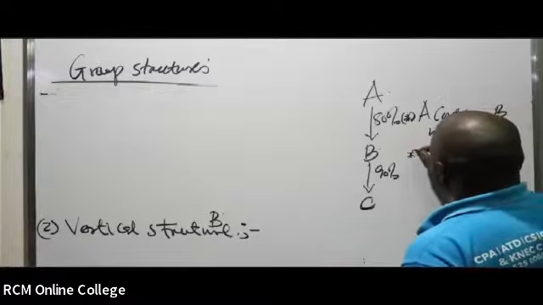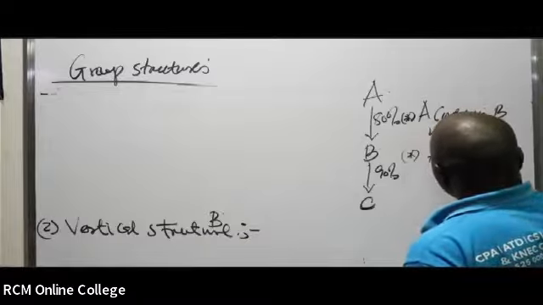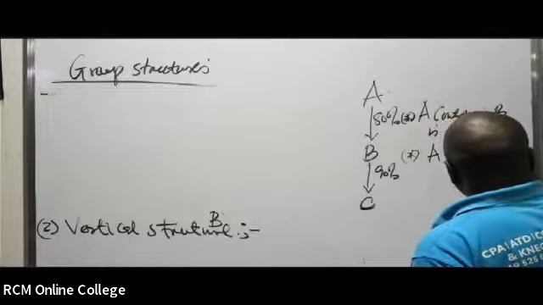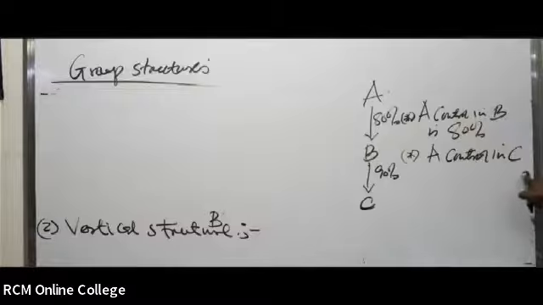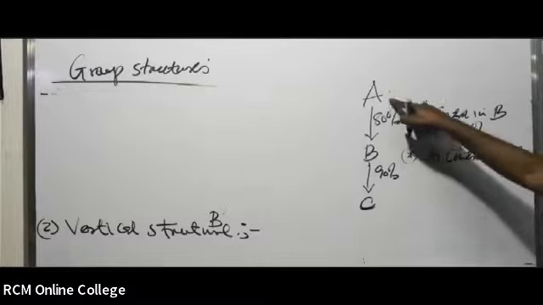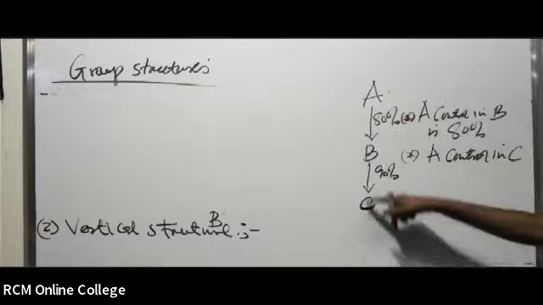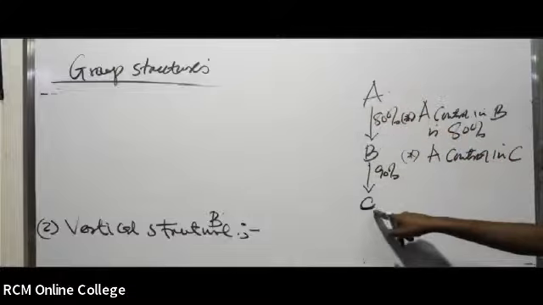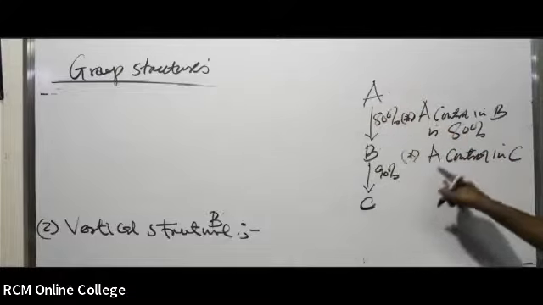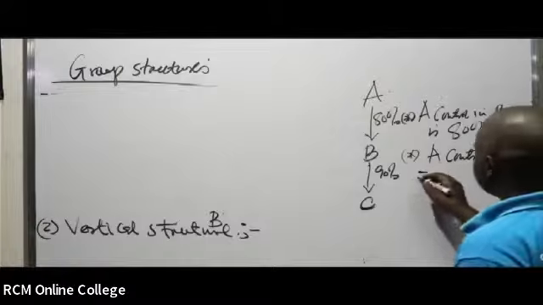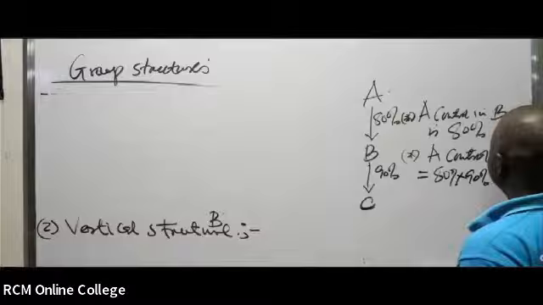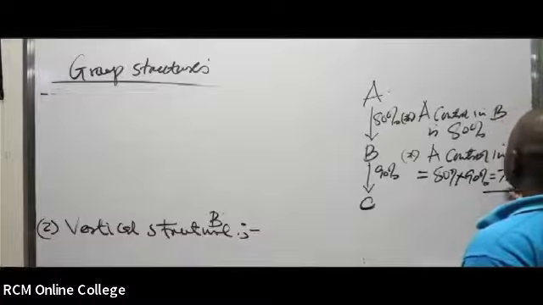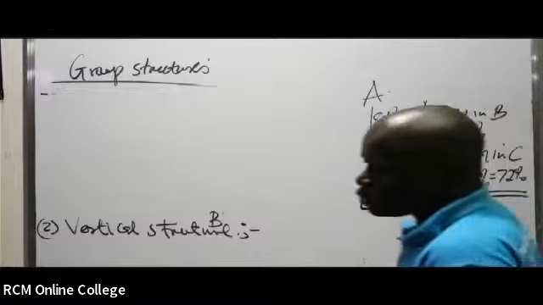Then another thing that is very important: A's control in C, how do we get it? You have to be keen on what I'm saying here. Remember, A has not directly acquired in C, but still it has control in C. So A's control in C is equal to 80% multiplied by 90%, which is equal to 72%.